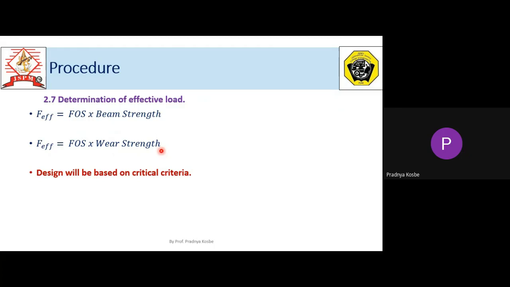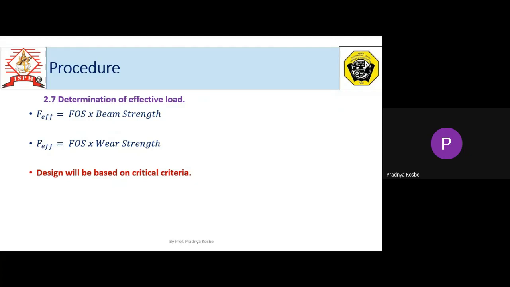Now what is wear strength? Wear strength we know Fw is equal to dp b Q K. Now design will be based on the critical criteria, correct?